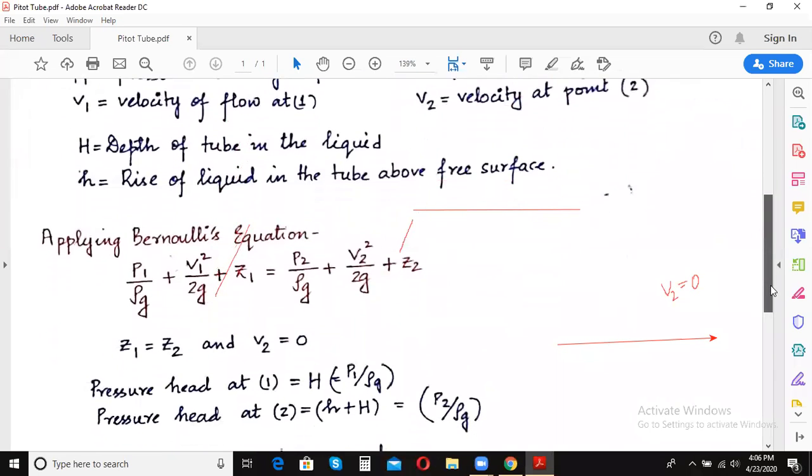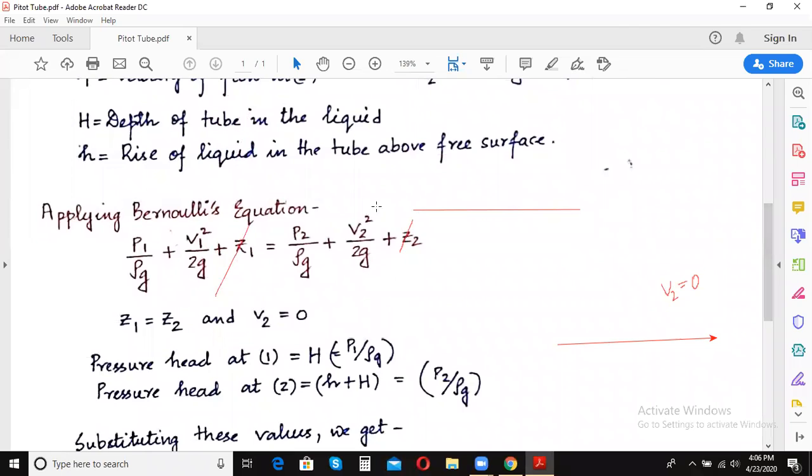So this term will also become 0 and get cancelled. So we have P1 by rho g plus V1 squared by 2g, where V1 is the velocity of flow through the pipe, equal to P2 by rho g. These terms have been cancelled.